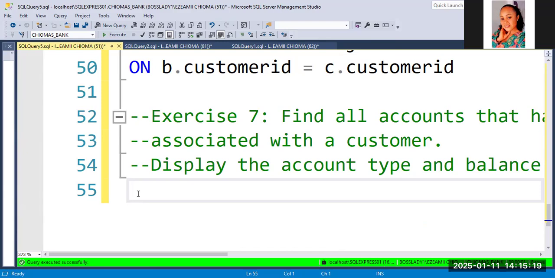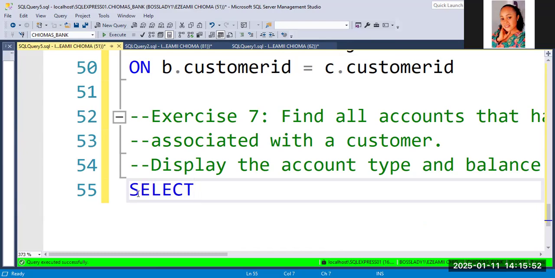So it means any in our account table, all the information that does not have customer information. Just like the previous one we did, we can see that some transactions don't have customers or accounts associated with them. So that's what we want to do here now. So we're going to use the two tables, our account table and customer table, so that we know the ones that are not associated with customers.